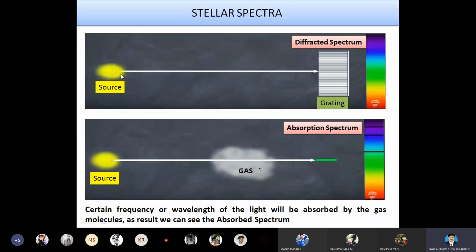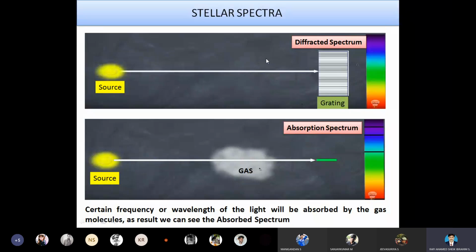When the light falls over the gap, it exits in the form of a diffraction pattern. As a result, we are able to see the various colors, VIBGYOR, violet to red. So this is for a general spectroscopic study.